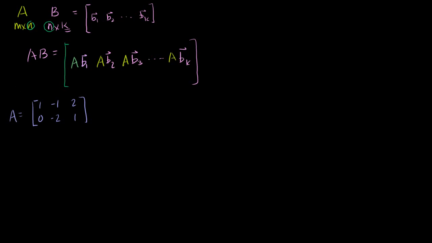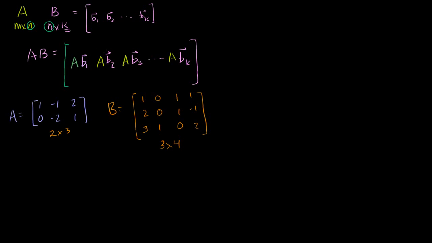And let's say that I have the matrix B, and let's say that it is equal to 1, 0, 1, 1, 2, 0, 1, -1, and then 3, 1, 0, 2. So A is a 2 by 3 matrix, 2 rows, 3 columns, and B is a 3 by 4 matrix.